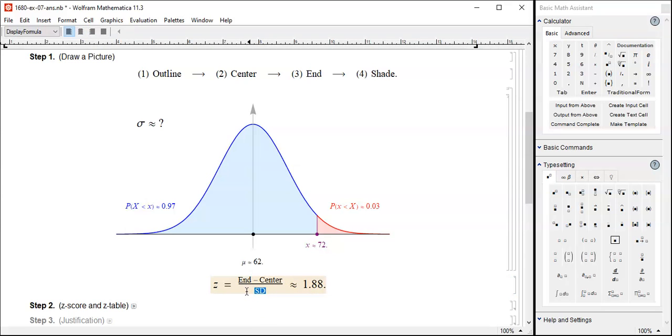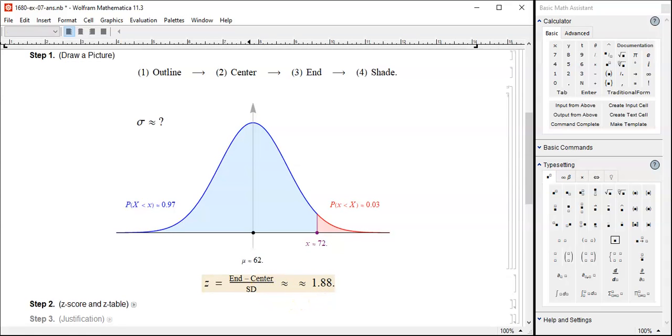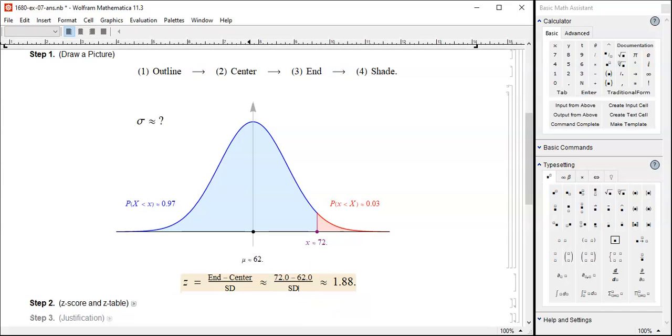Standard deviation. That's what you don't know, so that's what you want to find out. Let's see. So n is 72, center is 62, and then the standard deviation, I don't know that. From here, you can solve this equation and find SD.